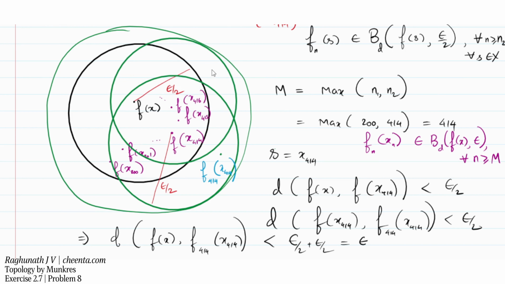Now this must contain the points f414 of x415 and f415 of x415 by the uniform convergence, because we know for all n greater than or equal to n2 it must be in the open ball. And similarly for 416, f414 will be there, f415 will be there, f416 will be there. So everything is present, and hence my aim is done. I have proved my aim, and that proves the question, right?